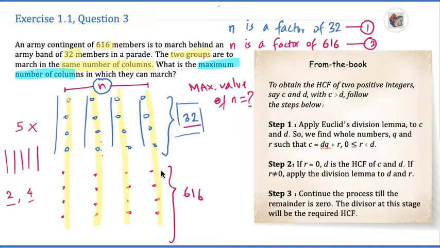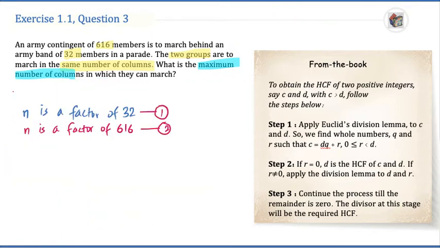Now I will just remove all of this art here because the real idea that I had to bring forward was this, that n is a factor of both of these numbers. So I'll just clear this up and bring this to the foreground. Perfect. Now when you see that n is a factor of both of these numbers, I can say in one step that n is a common factor of these two numbers.